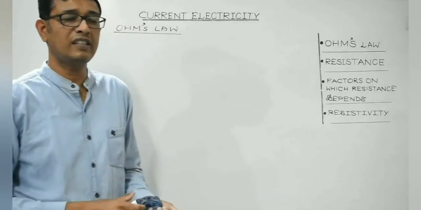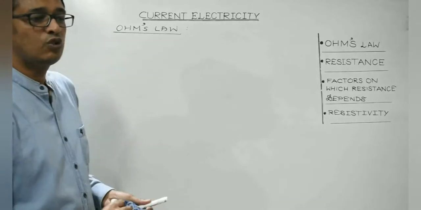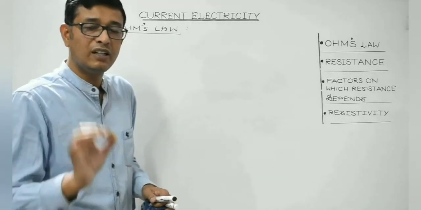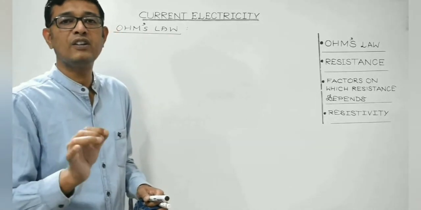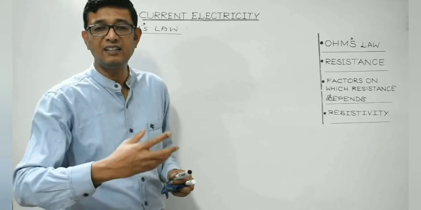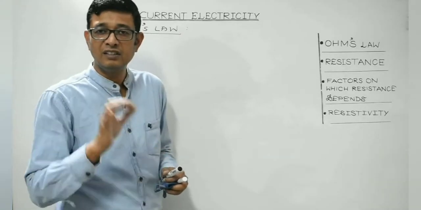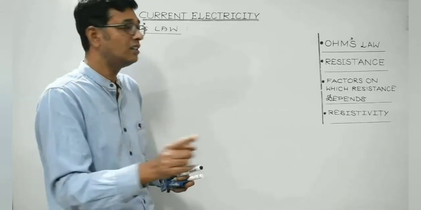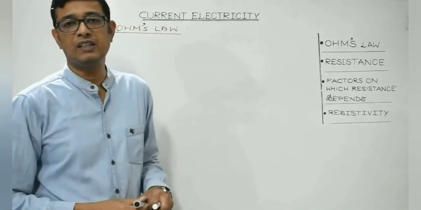And before the statement of this law, you need to understand that this law is applicable only when physical conditions remain constant. Physical conditions like temperature, mechanical strain of the conductor, these are the factors which must remain constant. It is only then that Ohm's law is applicable.